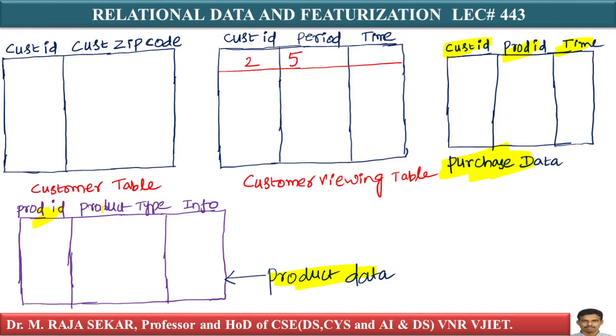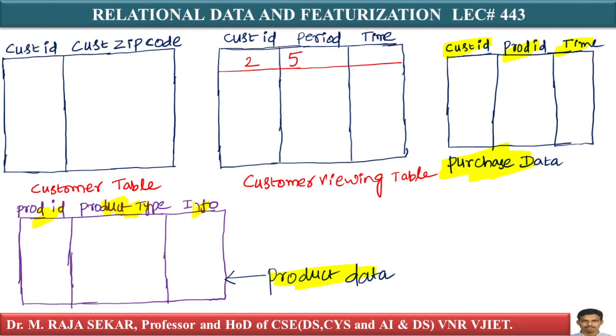In the product table, we could have product ID, product type, and some other information about the product. Let's assume your data is stored in various tables like this. Data stored like this is said to be a relational database.